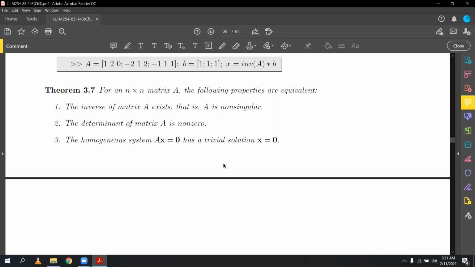Whatever happens to the upper one happens to A. It means we only look at the diagonal part of the upper one. If it is not equal to 0, it means your original A is non-singular. And when your A is non-singular, your system is non-singular, and that means you are ready to get the unique solution of the linear system we have here.